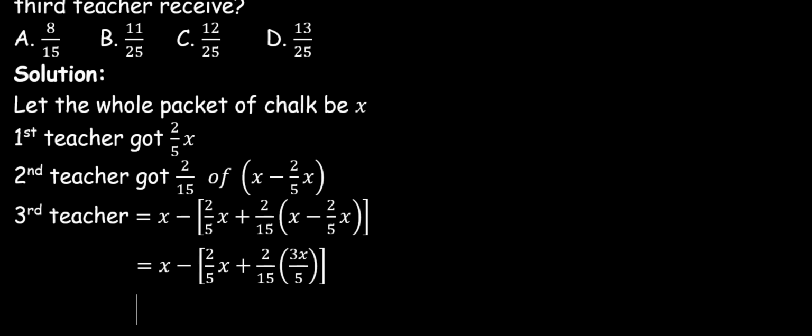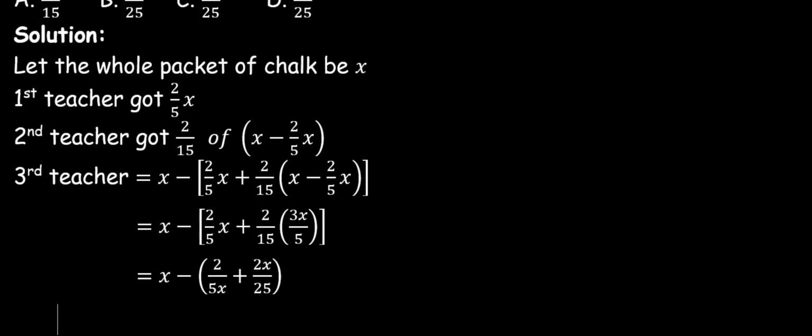Then when you multiply out the term before the bracket, 2 over 15 into 3x over 5, you will now have x minus, bracket open, 2 over 5 of x plus 2x over 25, bracket close.